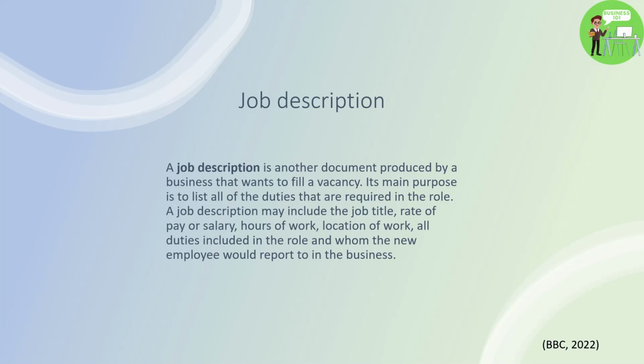A job description is another document produced by a business that wants to fill a vacancy. Its main purpose is to list all of the duties that are required in the role. A job description may include the job title, rate of pay or salary, hours of work, location of work, all duties included in the role, and whom the new employee would report to in the business.